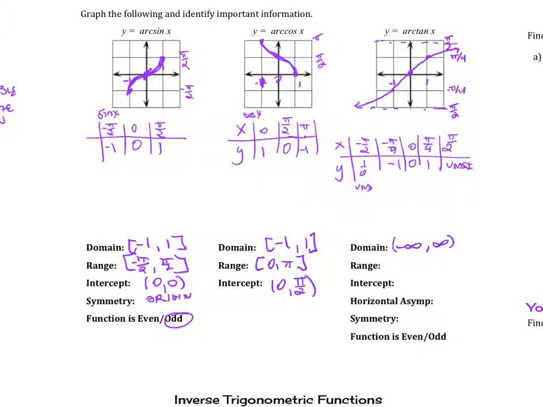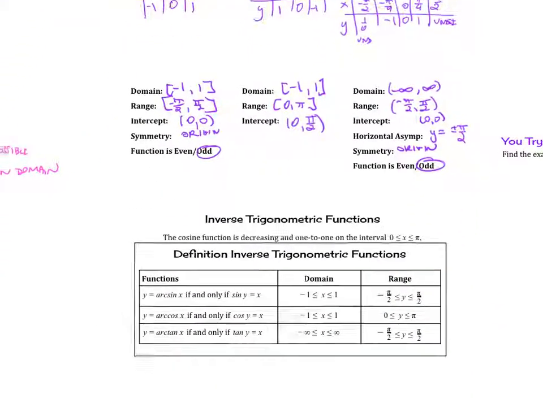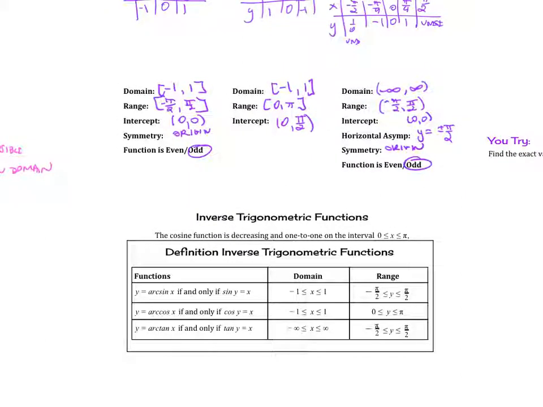Our range is between negative pi over 2 and pi over 2. The intercept is at 0, 0. We have horizontal asymptotes at y equals plus or minus pi over 2. And it's symmetric over the origin, and it's still an odd function. So those are each of these graphs.